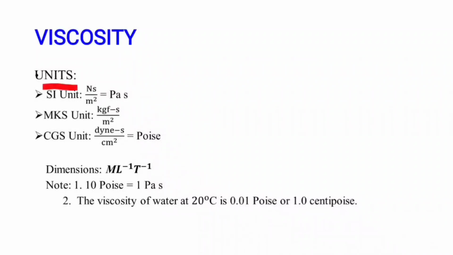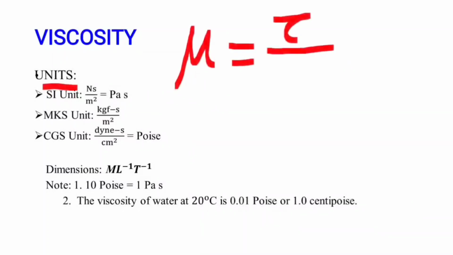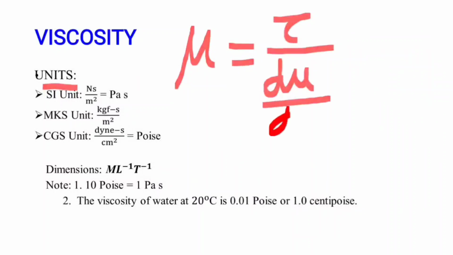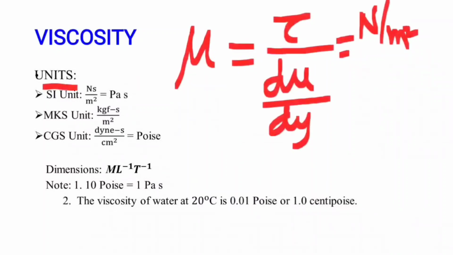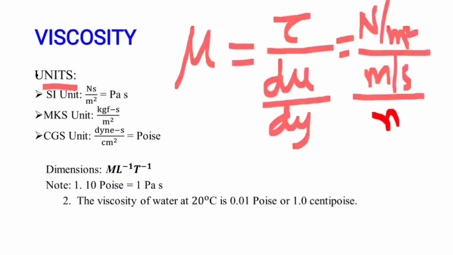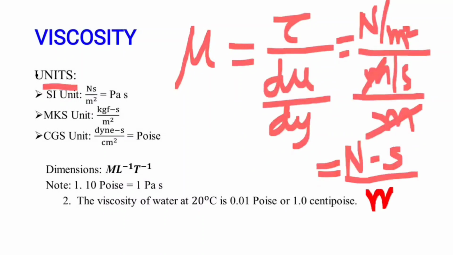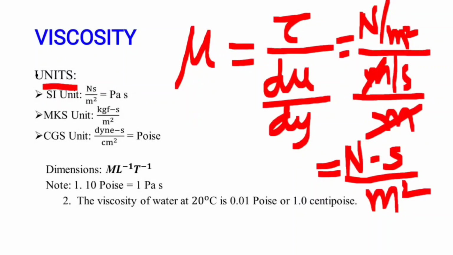Now the units of viscosity, that is mu, tau by du by dy, has units of Newton per meter square divided by velocity u, that is meter per second per meter. Meter gets cancelled, so Newton second per meter square is the unit for dynamic viscosity.